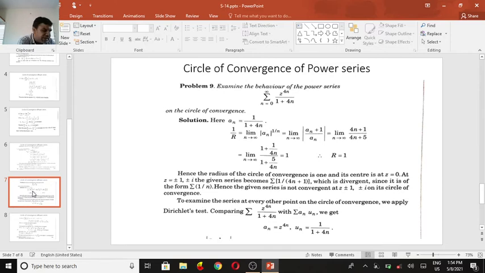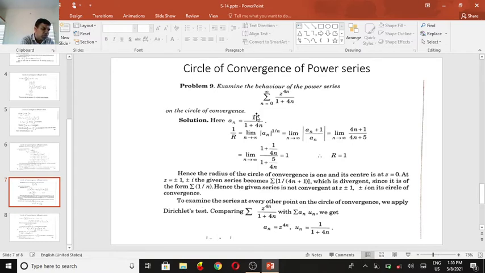So the limit as n tends to infinity of a_(n+1) divided by a_n is equal to the limit of, replacing n by n plus 1, 1 divided by 1 plus 4(n+1), divided by 1 divided by 1 plus 4n.